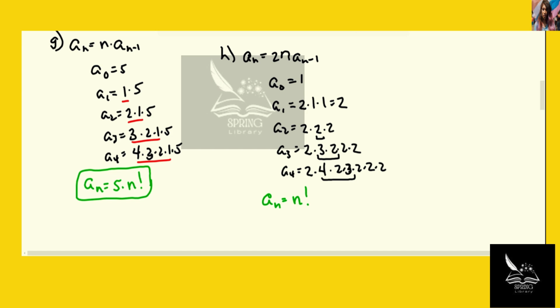But what else do I have? I've underlined the factorial piece. Here I have a 2, 2 2's, 3 2's, 4 2's. So it looks like I also have 2 to the n going on, because every one of these terms I've got one more factor of 2, plus the factorial piece. So there is the definition of this sequence as well.